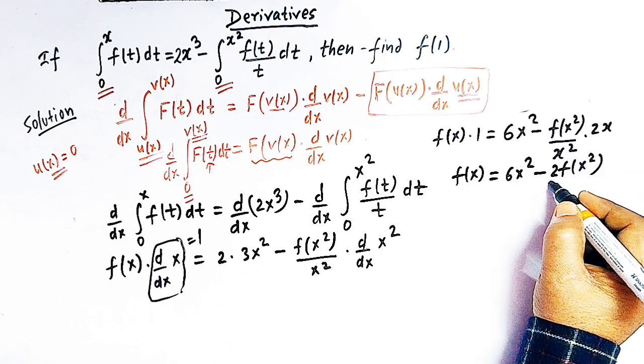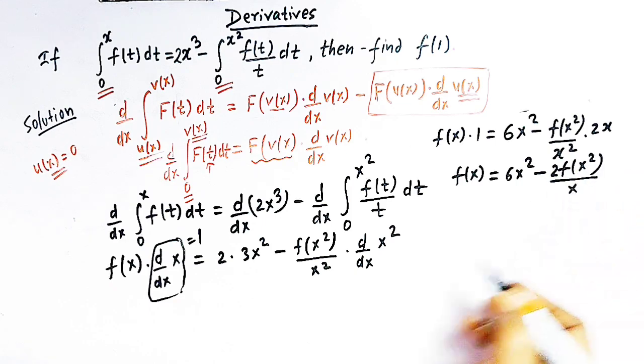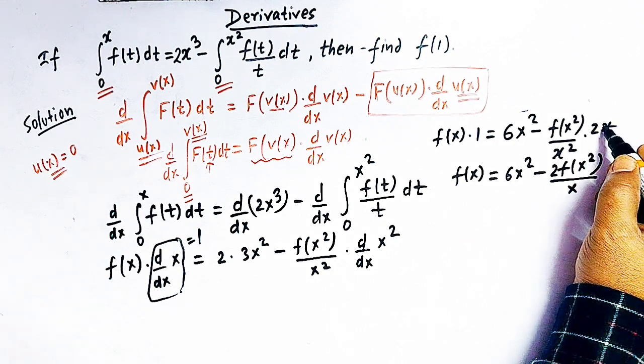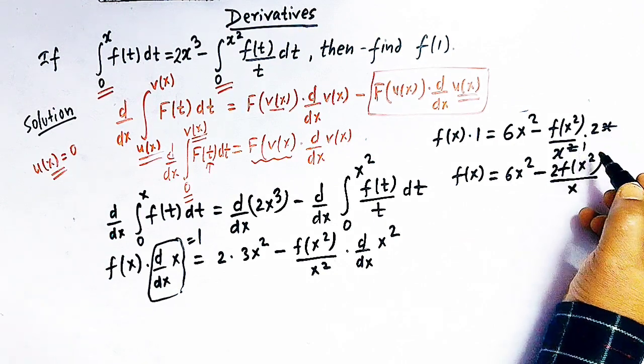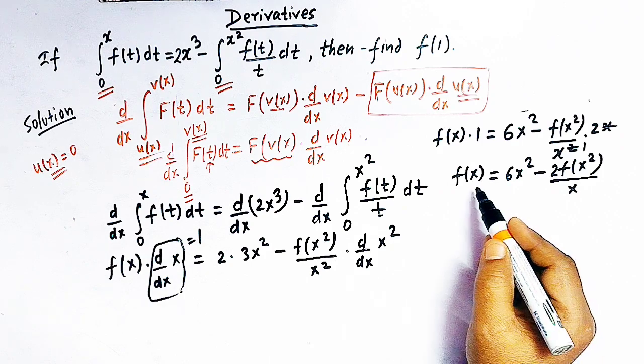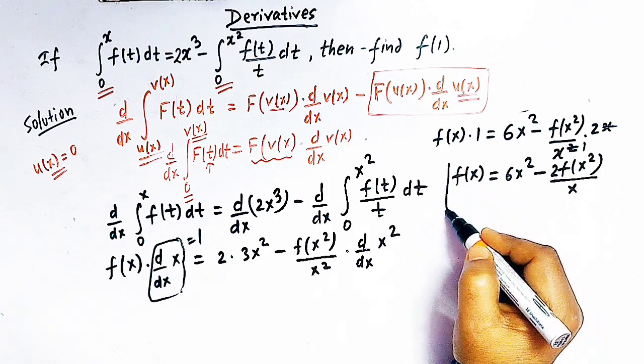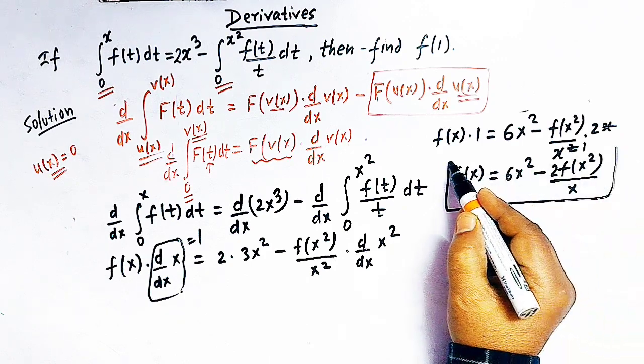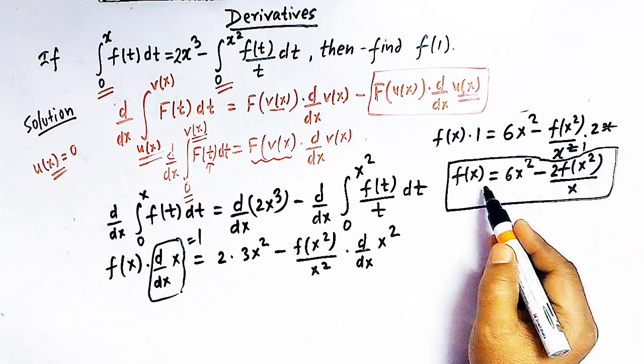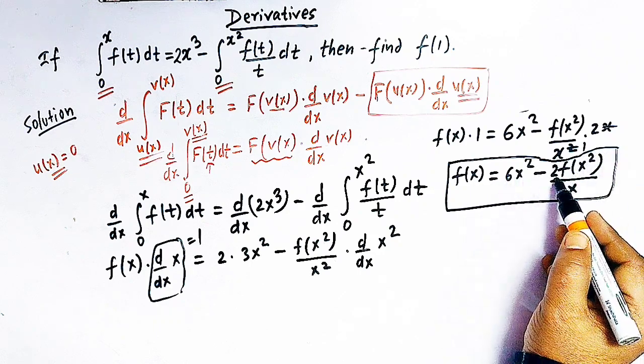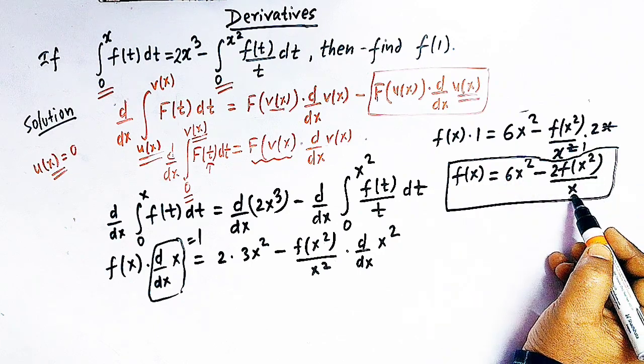Here we have 2 and divided by x. So here this x and this x get cancelled, right? So now we have this expression, that is f of x is equal to 6x square minus 2 times f of x square over x.